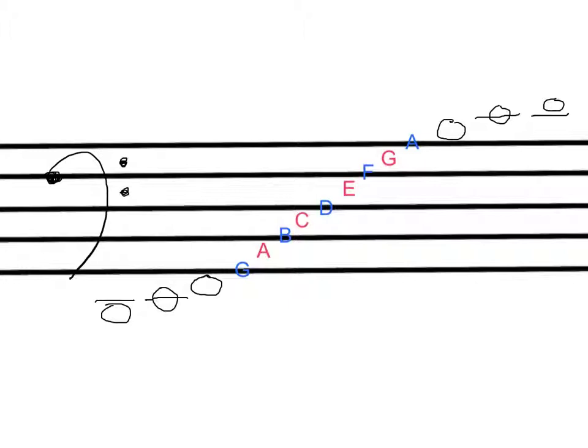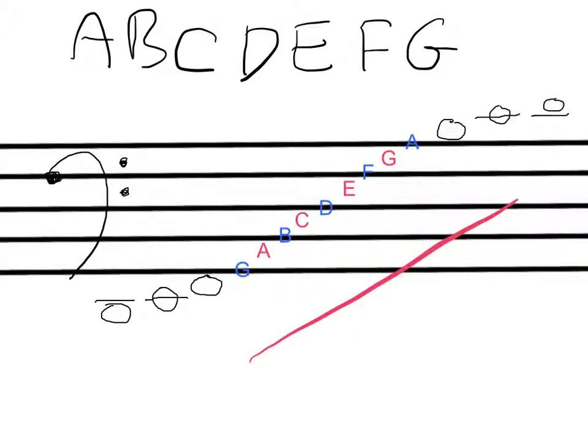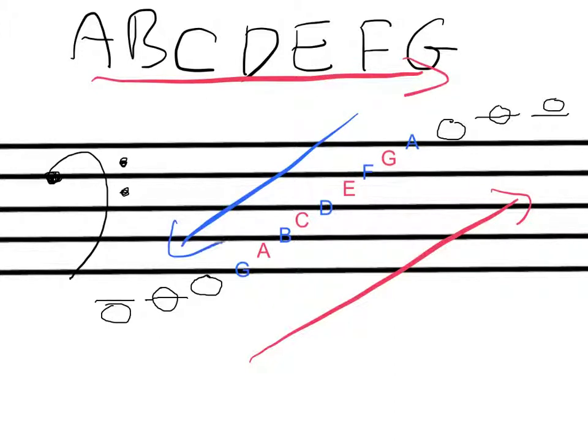Now, if we continue, if I go ahead and I draw our music alphabet again, right, so here we go, A, B, C, D, E, F, G. And if we remember that if we go higher on the staff, we're going to go this way in our alphabet, and if I go lower on the staff, I'm going to go this way.